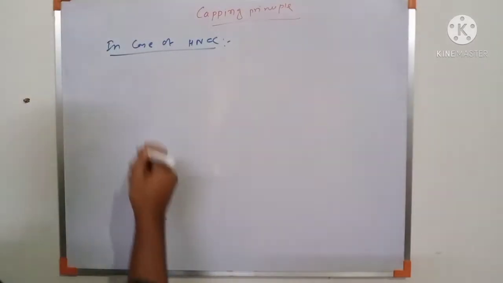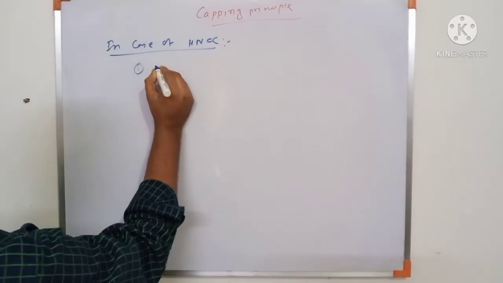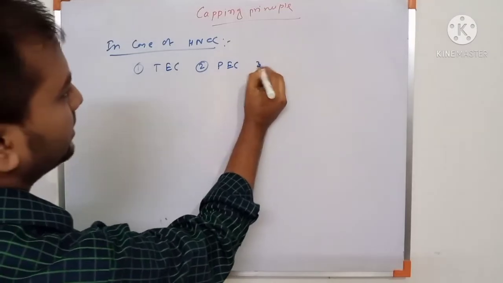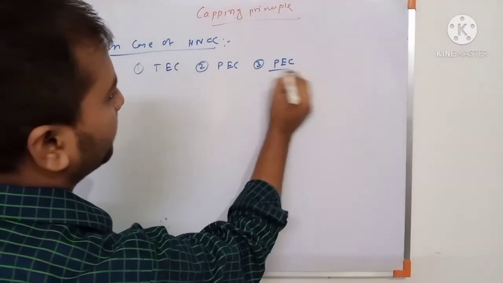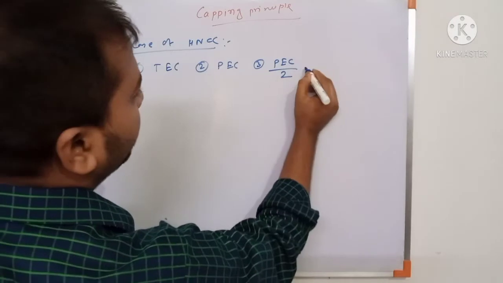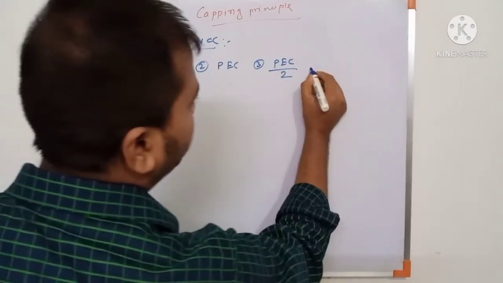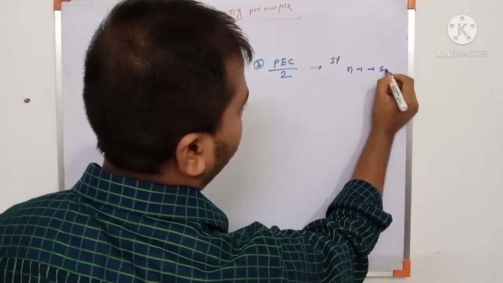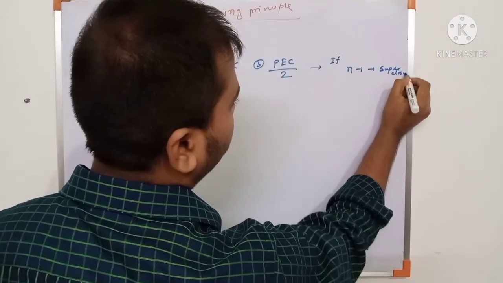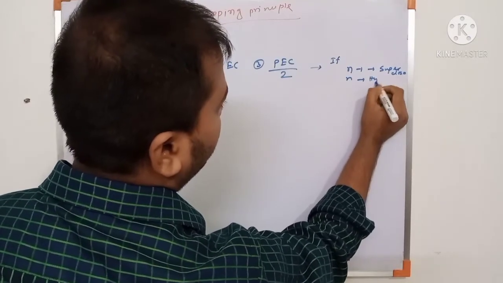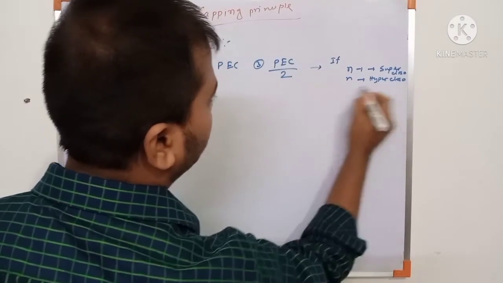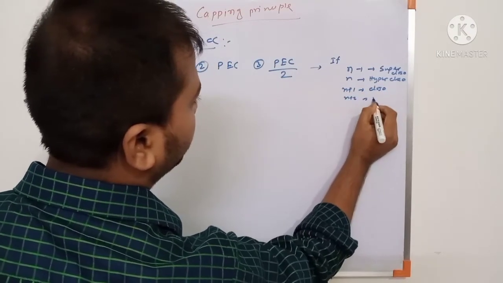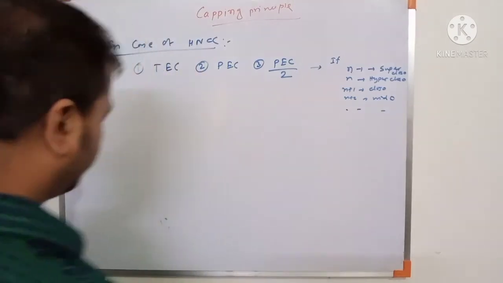So for high nuclearity carbonyl clusters, first calculate the total electron count. Second, we calculate the polyhedral electron count. Third, we calculate the polyhedral electron count divided by 2. In polyhedral electron count by 2, if the value is n minus 1, this is super closure; n is hyper closure; n plus 1 is closure; n plus 2 is nido, and so on.